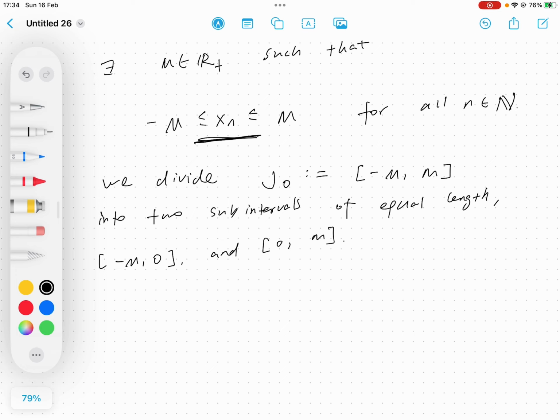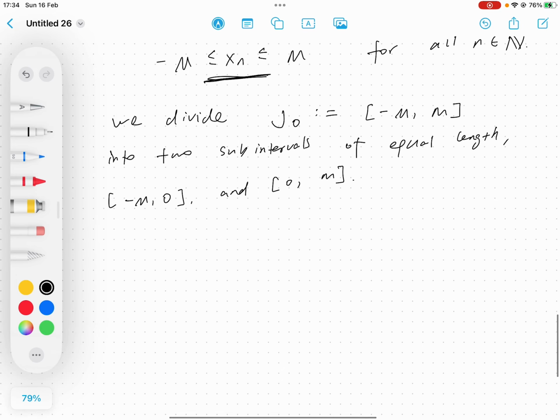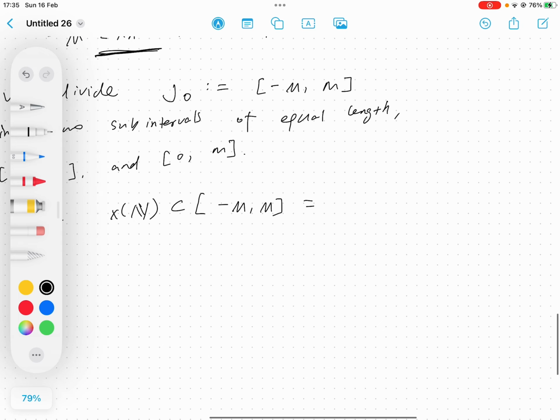Okay, all right, so because x_n is a subset of the original one, the whole interval from minus M to M, we can rewrite this as the union of those two separate ones, right?